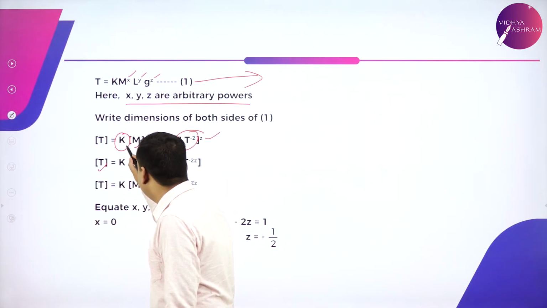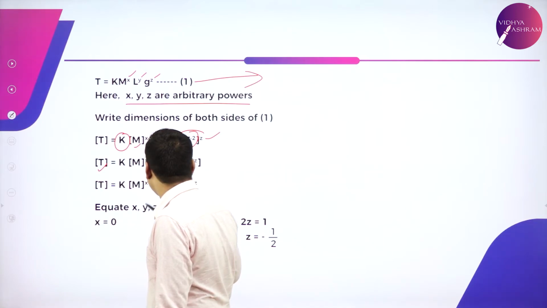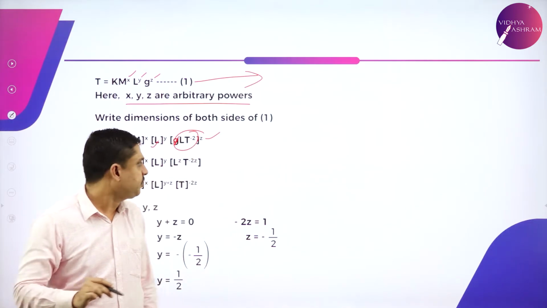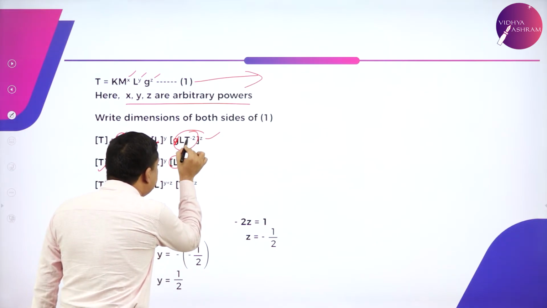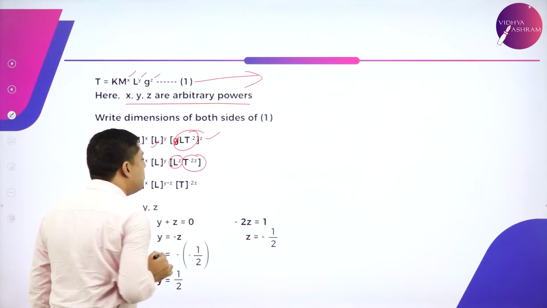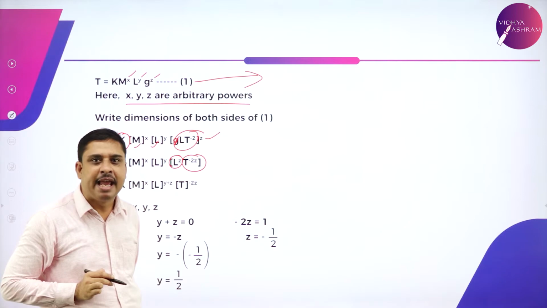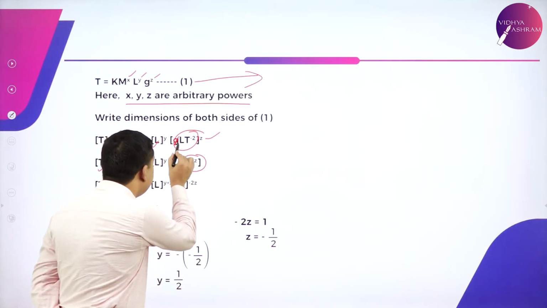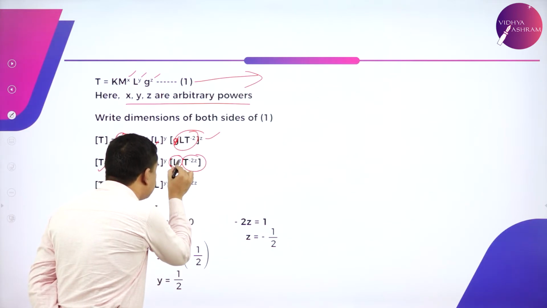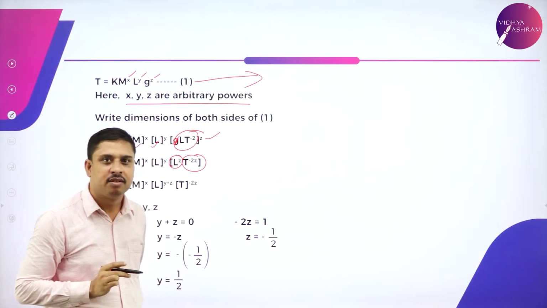Or T equals K, M to the power x, L to the power y. Here you have L to the power z, T to the power minus 2z. I have simply split the terms in the bracket. L to the power z, T to the power minus 2z.